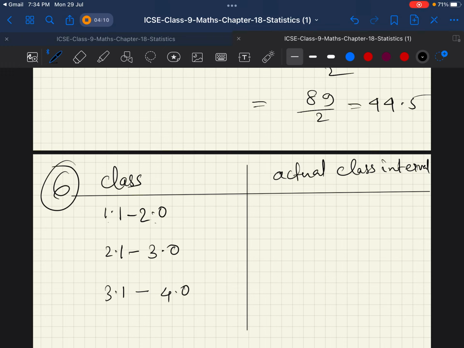So we subtract 0.5 from 1.1, so we will get 0.6, 0.6 to 2.5.